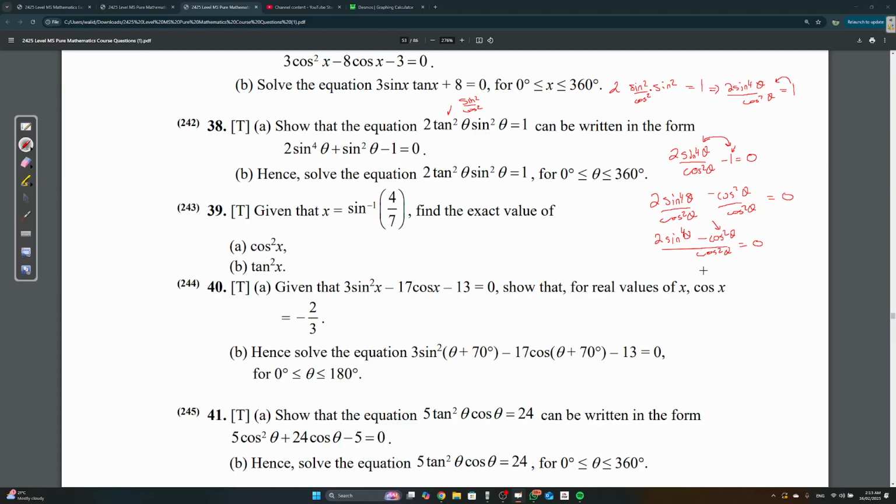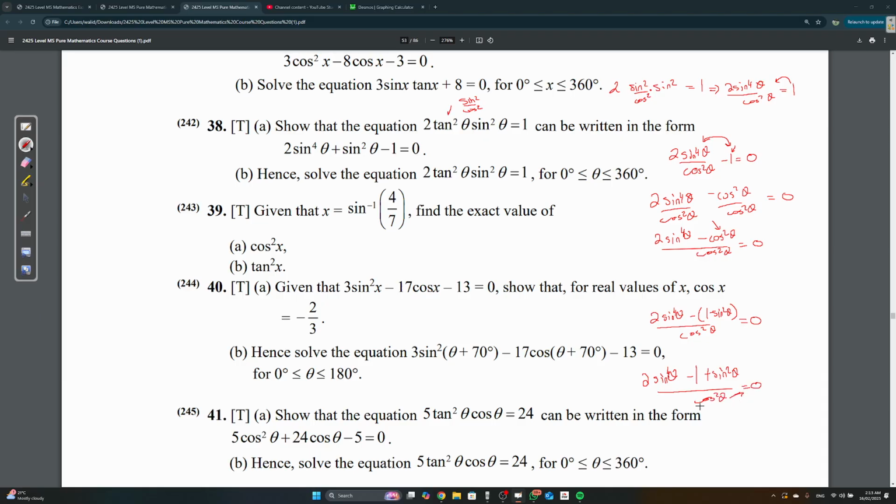So isn't this 1 minus sine squared? Yes, it is. Minus 1 minus sine squared theta over cosine squared theta equals 0. Let's continue a bit. 2 sine power 4 theta minus 1 plus sine squared theta over cosine squared theta is equal to 0.